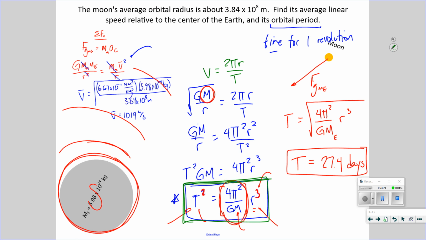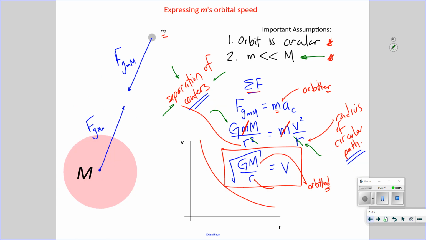But the more important thing, the real focus of this, is supposed to be that we can derive an expression for the orbital speed of an object. And we do so, luckily, by not employing any super duper new physics at all. We draw a free body diagram, we write a net-F statement, we expand on what we know things to be equivalent to, and then ideally we understand some assumptions.